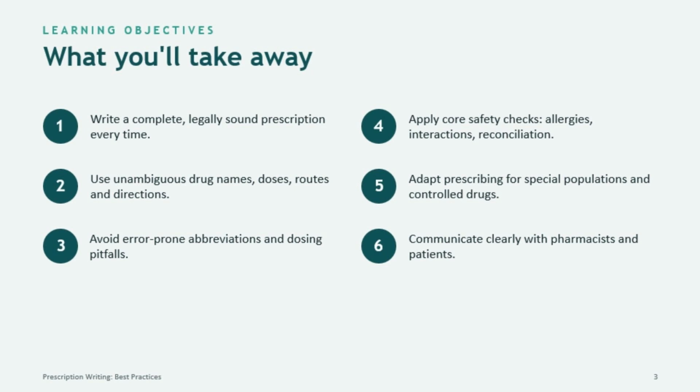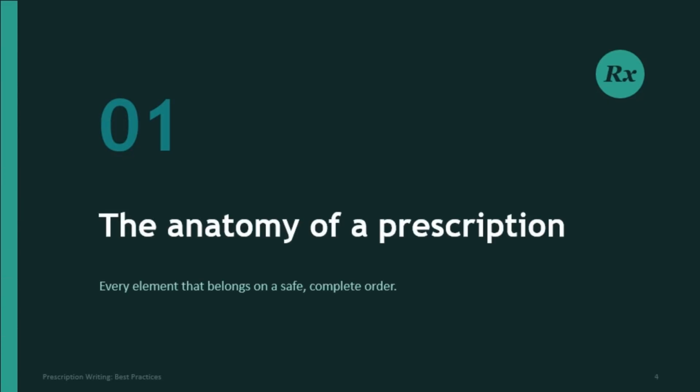Fourth, apply the core safety checks: allergies, interactions, and medication reconciliation. Fifth, adapt your prescribing for special populations and controlled drugs. And finally, communicate clearly with both pharmacists and patients. Keep these 6 goals in mind now, especially for the students watching.